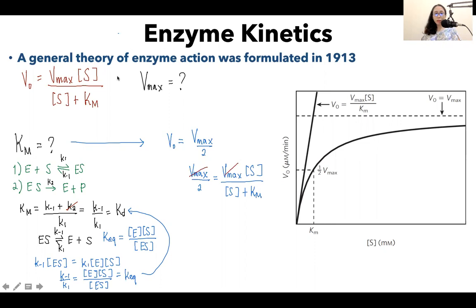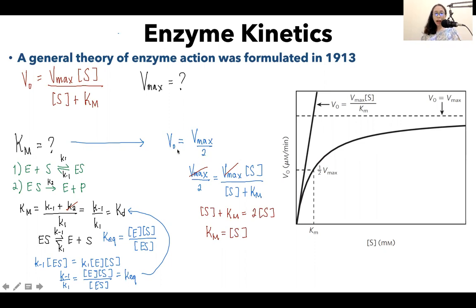And if we cross multiply this, we have S plus Km equals 2S. So Km is equal to the concentration of the substrate.